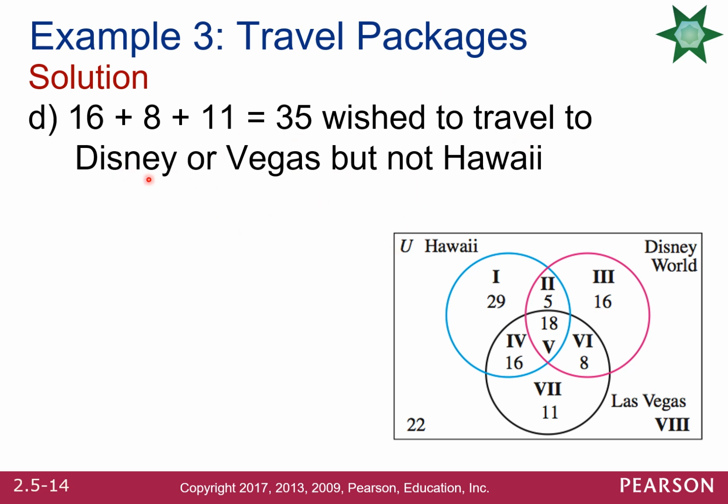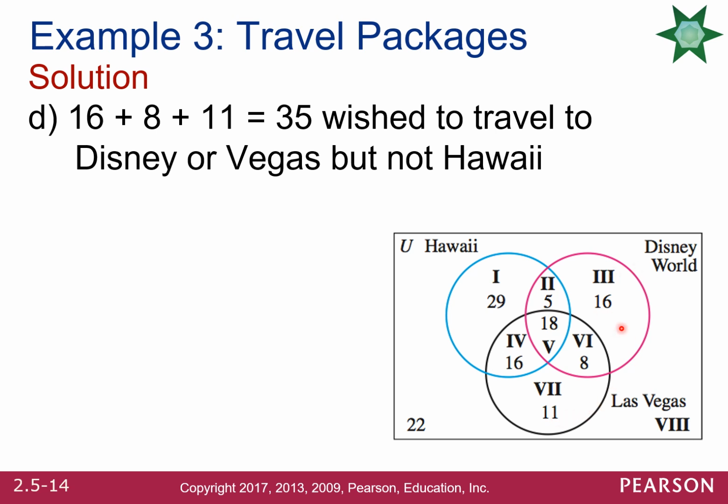When we say Disney or Vegas but not Hawaii, it could include three things. It could include people who want to go to Disney alone, or people who want to go just to Vegas, not Disney, or people who want to go to both Disney and Vegas but not Hawaii. That's the reason they are adding the numbers in region 3, region 6, and region 7.